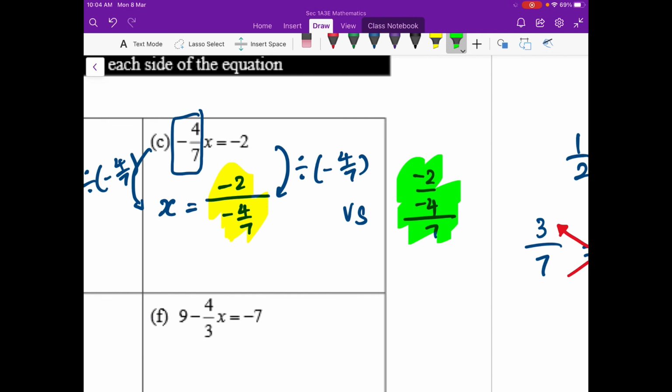They're not going to be the same. Okay, then from here, this gives us a value of, you can use your calculator for this if you want to, 7 over 2. Okay, this is wrong. How you write the fraction will affect the answer.